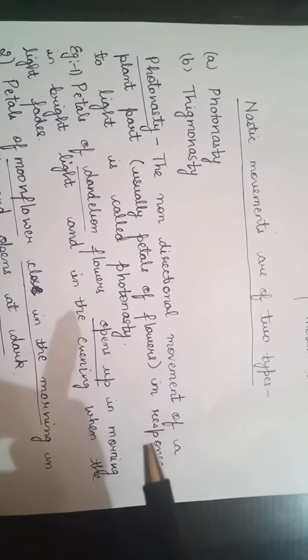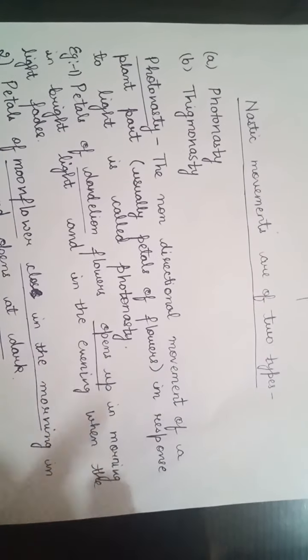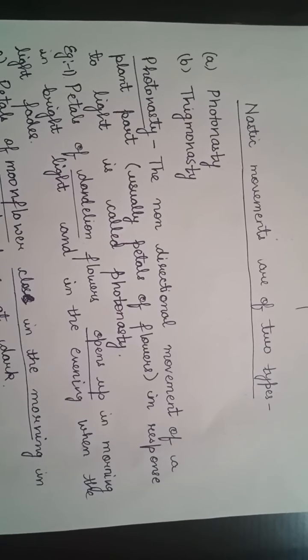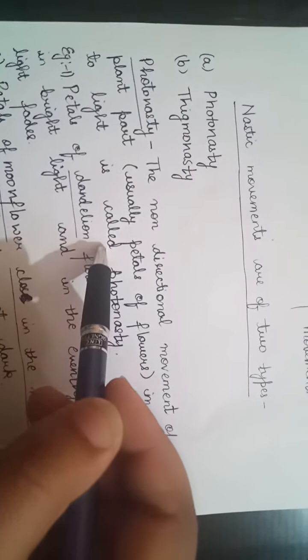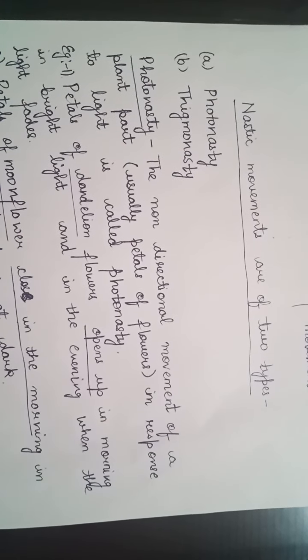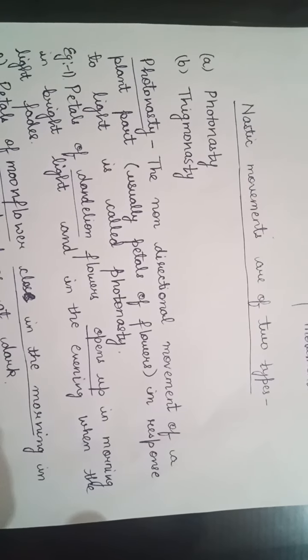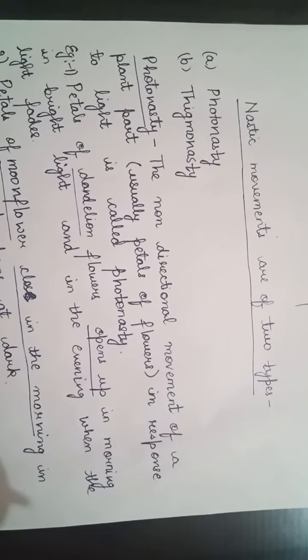What is photonasty? Photonasty means the non-directional movement of a plant part, usually the petals of flowers, in response to light. It means the opening and the closing of the petals in response to light is called photonasty.